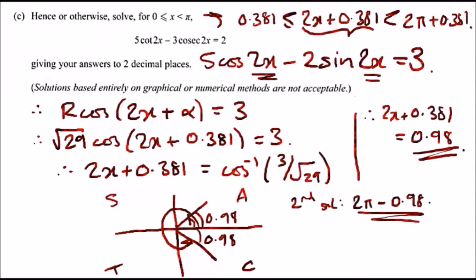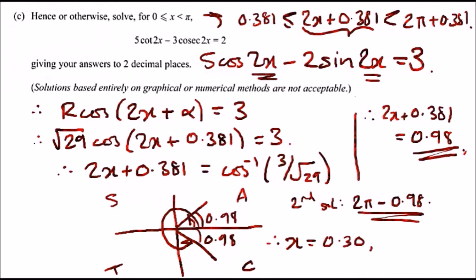Now, to find the value of x, all we have to do now is just solve this equation. So this tells you that the two solutions are 0.98 and 2 pi minus 0.98, which equals to this equation here. So all we have to do now is subtract 0.381 from both of these and divide by 2. So the first value of x should be 0.98 minus 0.381, all divided by 2, which should give us, to 2 decimal places, 0.30 rounded up.